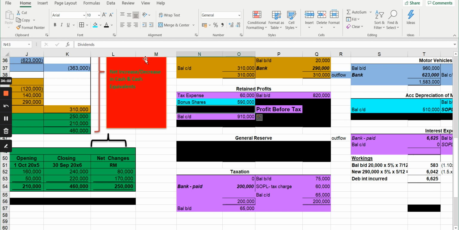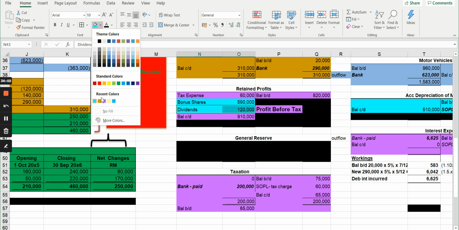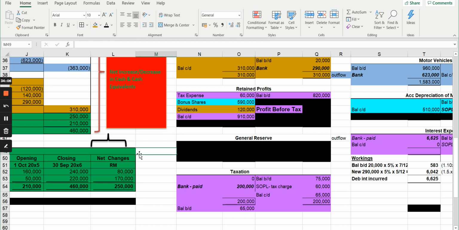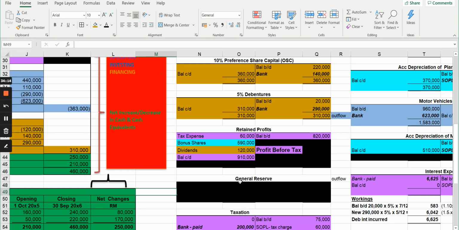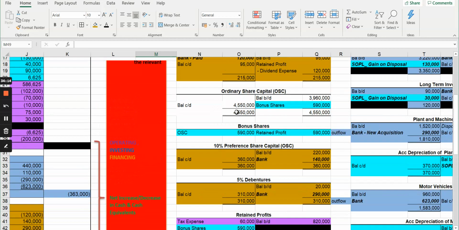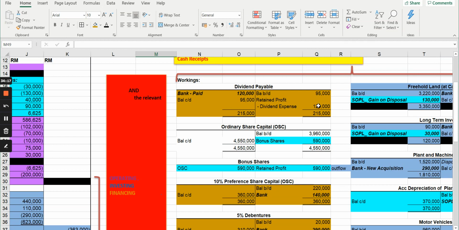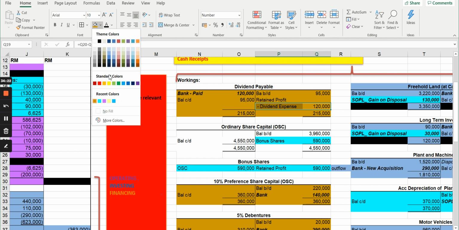And you also have your dividend. And this dividend is your financing activity. So we go and put back those items that we earlier have adjusted. Remember, these are from the previous account here that you have, right? That you have done earlier.